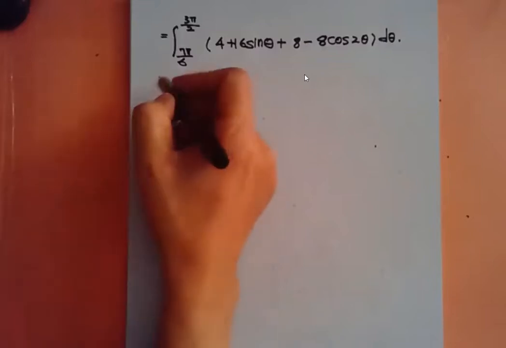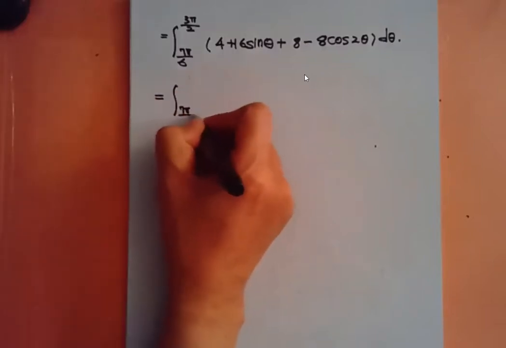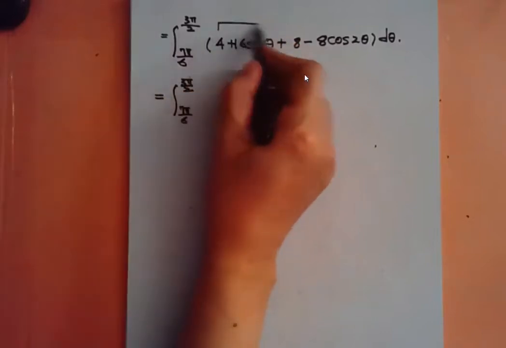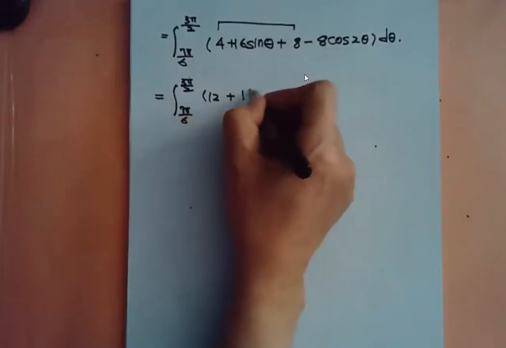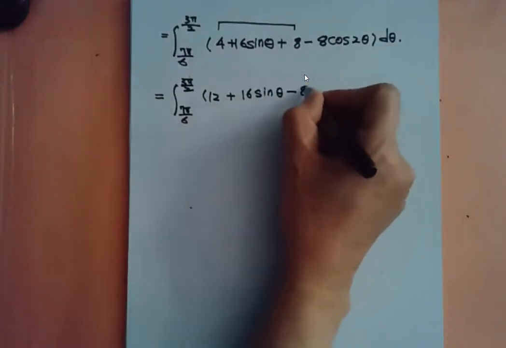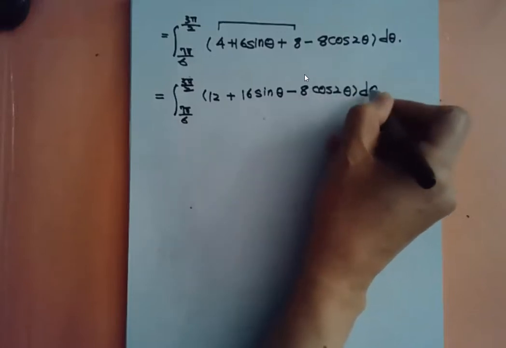Right? Let's simplify a little bit more. We just combine these two, and then we get 12 plus 16 sine of theta minus 8 cosine of 2 theta d theta.